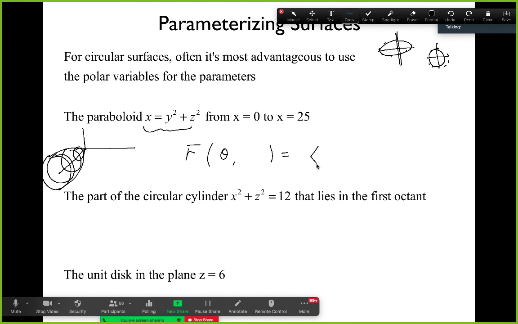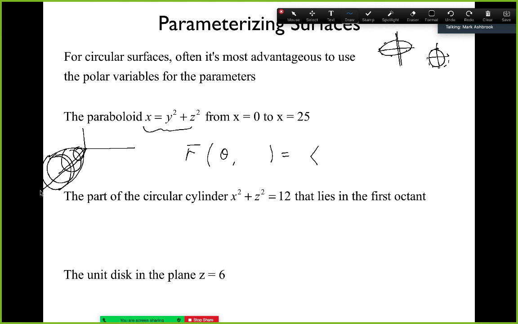Is theta defining the x of these points on the surface? Theta would be going around each of these circles, right? Theta defines y and z. Theta is defining the y and z coordinates around these circles.